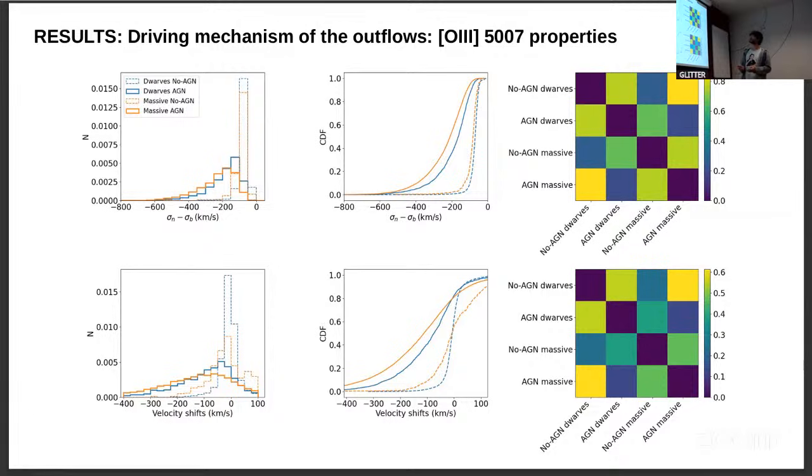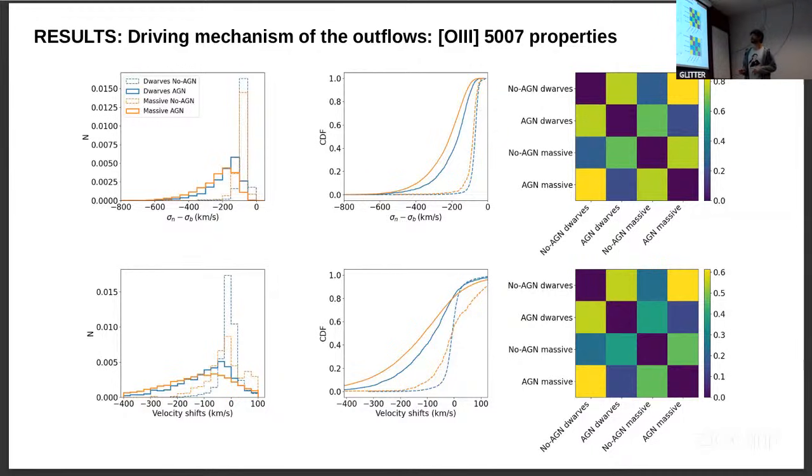To this purpose, we have studied different oxygen III properties from four different samples of dwarf, massive, AGN, and non-AGN galaxies, comparing the velocity dispersion, the difference in the velocity dispersion between the narrow and the broad component, and the velocity shift between the narrow and broad component.